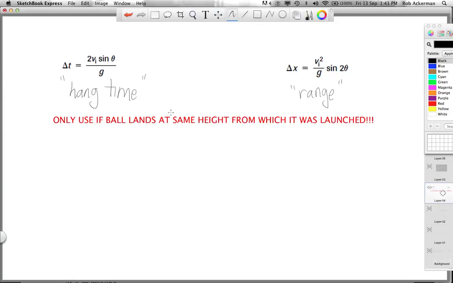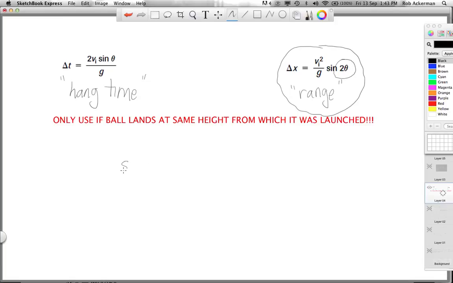Now, why do I want to show these to you? Because they have an interesting application in sports. Take a look at especially the range equation. This is the cool one. If you have taken advanced functions, or even functions and relations, you probably know how to deal with sine of 2 times an angle. It just means multiply the angle by 2. So look what happens here.